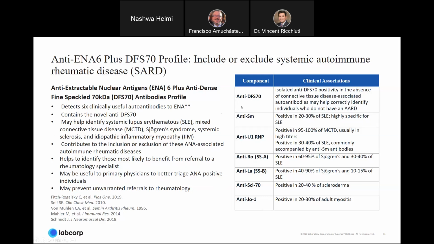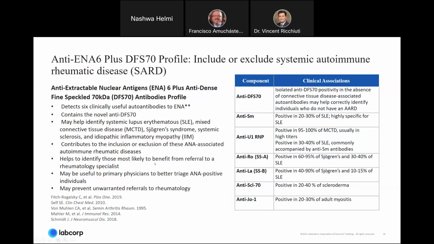However, if your patient is only positive with one of those ENAs listed here, it's most likely associated with a systemic autoimmune rheumatoid disease. If both anti-DFS70 and one of those markers are present, it's also likely to be associated with systemic autoimmune rheumatoid disease, but the likelihood will be lower.